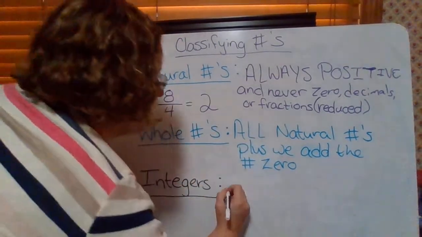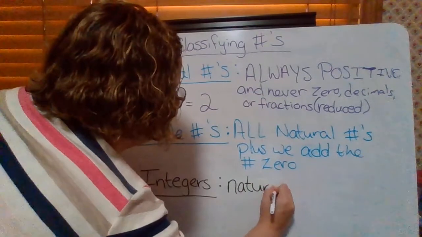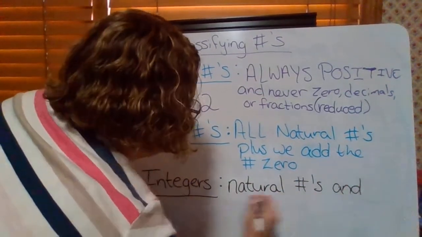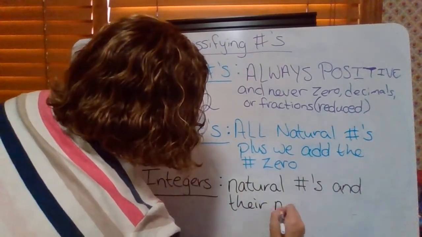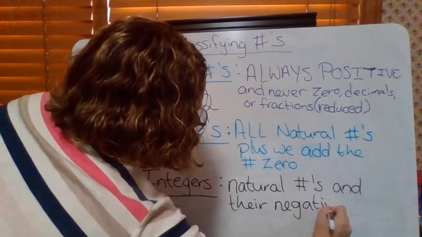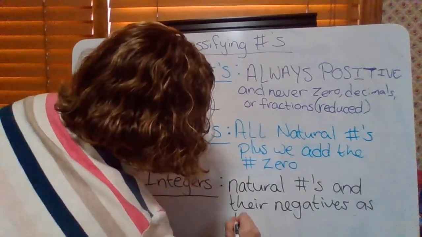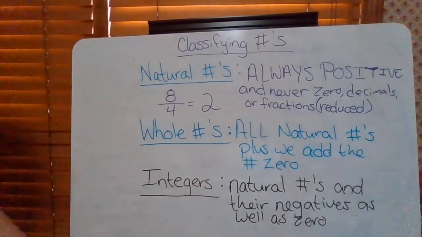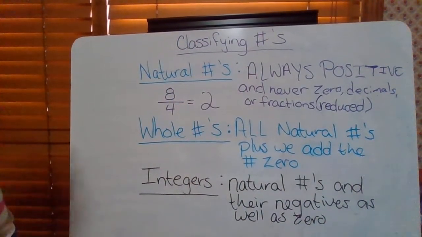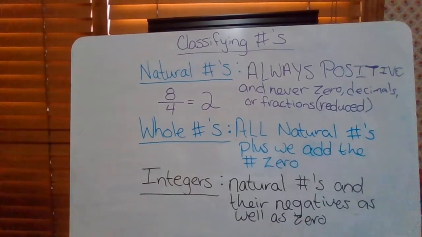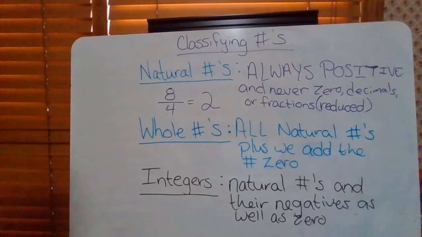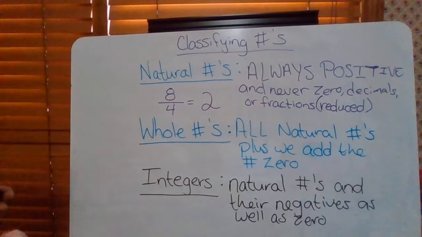Your integers are your natural numbers and their negatives, as well as 0. Okay? So it's the natural numbers and their negatives, as well as 0. So you got all your positive numbers, but now we've got all the negative ones too. Still no fractions and no decimals, but we do have 0 in the middle, holding them all together.